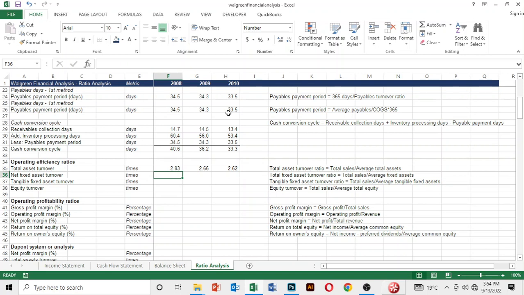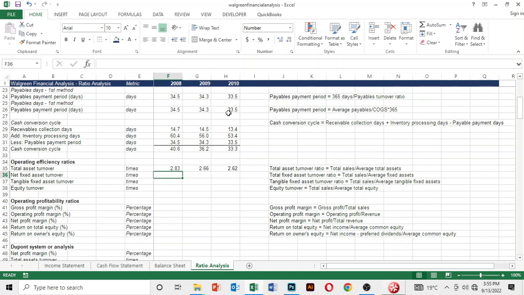Then we need to compute the net fixed asset turnover ratio. In other words, we just want to see the contribution of our assets to revenue generation. For example, a low asset turnover ratio, what does it mean?